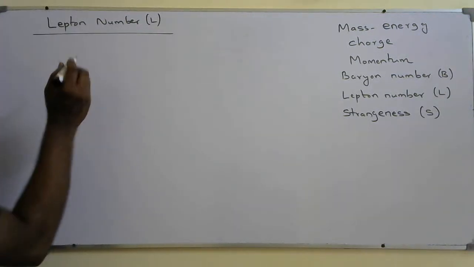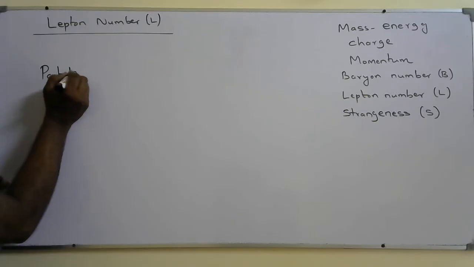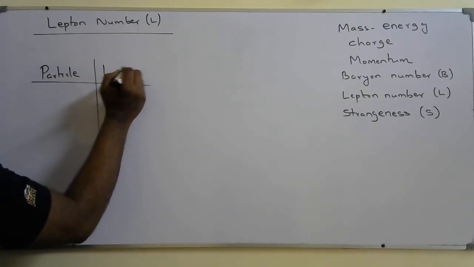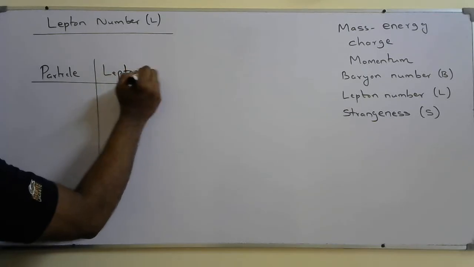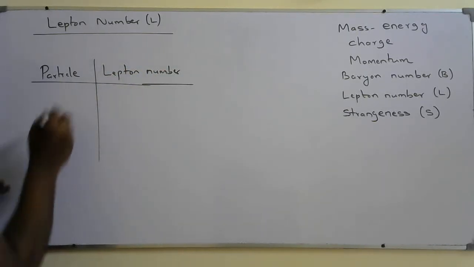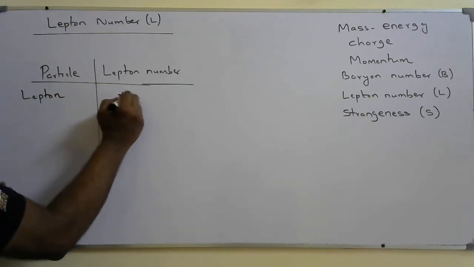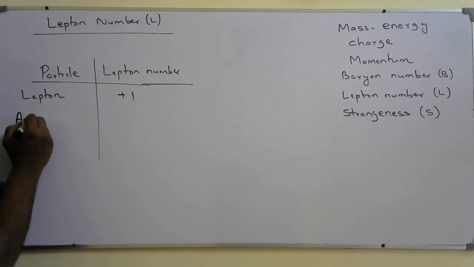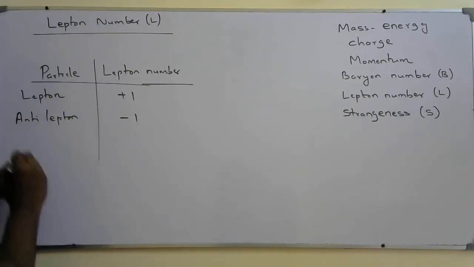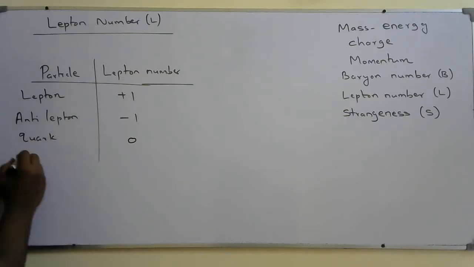So any lepton, plus 1; antilepton, minus 1; any quark, 0; antiquark, 0.